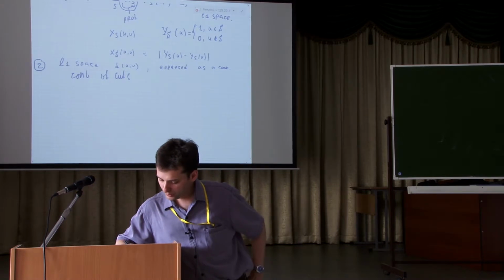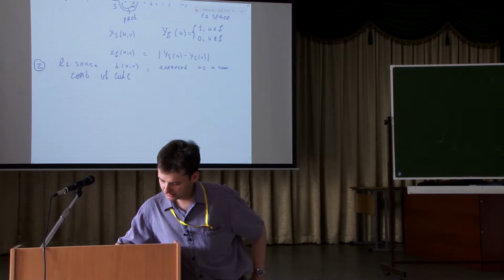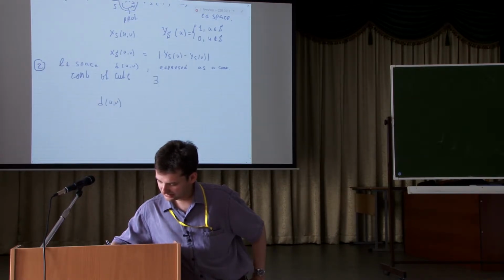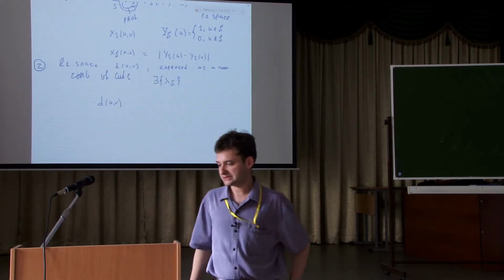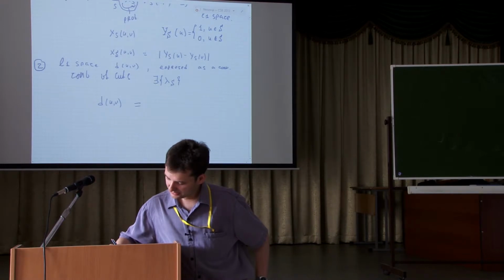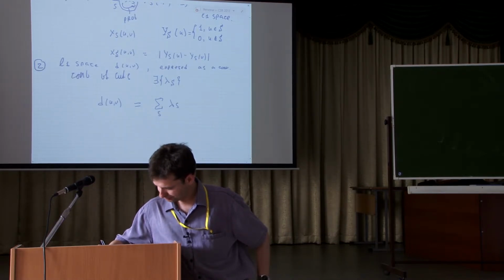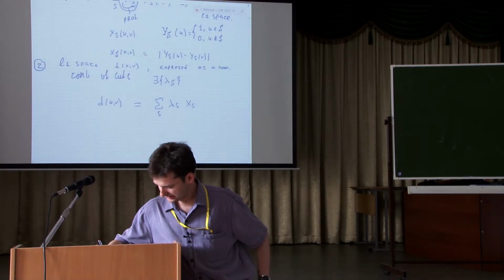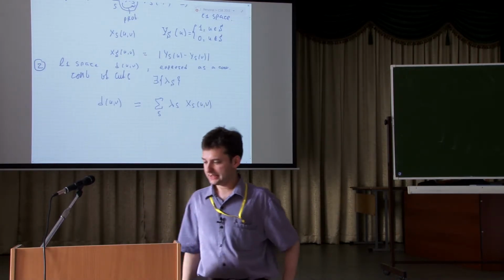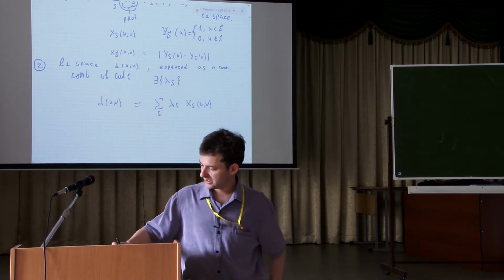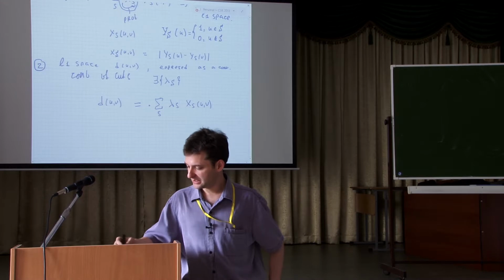What we have is that there exist lambda s, some family of probabilities, such that DUV is equal to the sum over s of lambda s times xs UV, and we need to put some coefficient here.